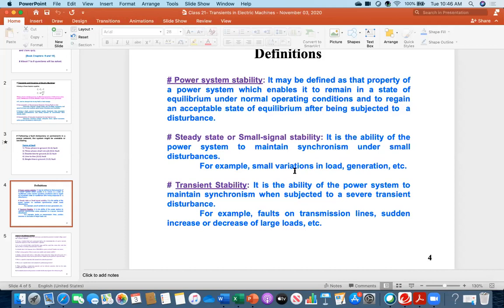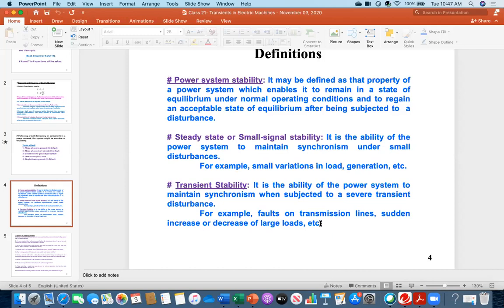But as I said, if it is too much, sometimes they have a negative impact. If the system maintains synchronism even with those small changes, then the system is stable with respect to small signal, or steady state stable. And transient stability is not about those usual, common changes by the customers that are always happening.